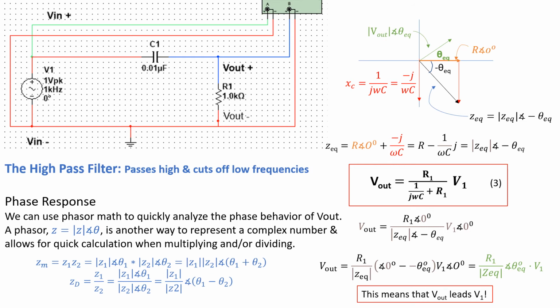R1 is the orange vector, and x sub c is the red vector. R1 is simply a real number, and so it sits on the real axis and has a phase angle of 0 degrees. The xc term is a purely imaginary number with a magnitude of 1 over omega times c. The phase angle is captured by the negative j term, which is equivalent to negative 90 degrees.